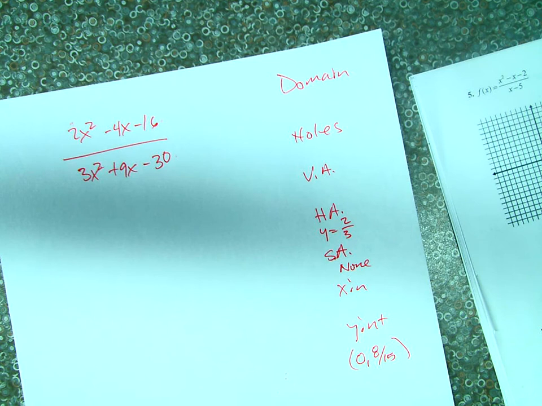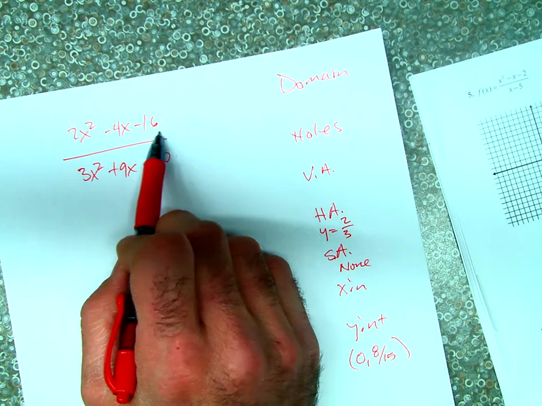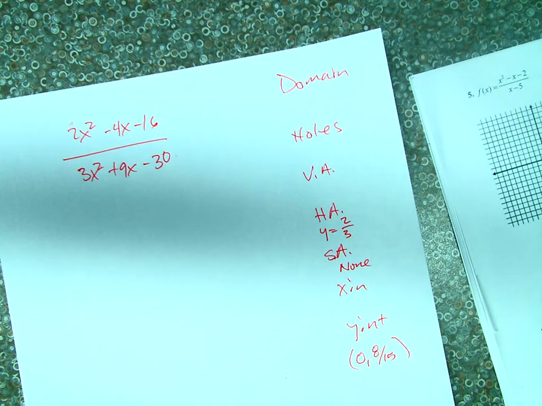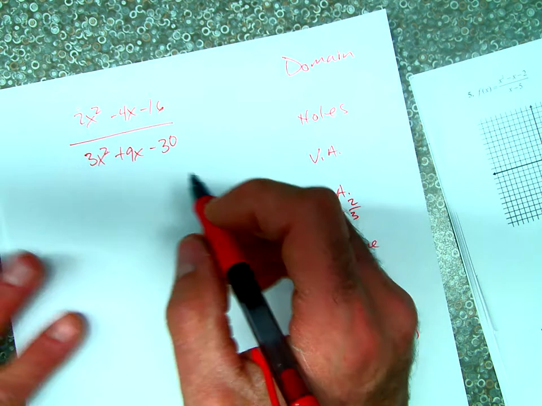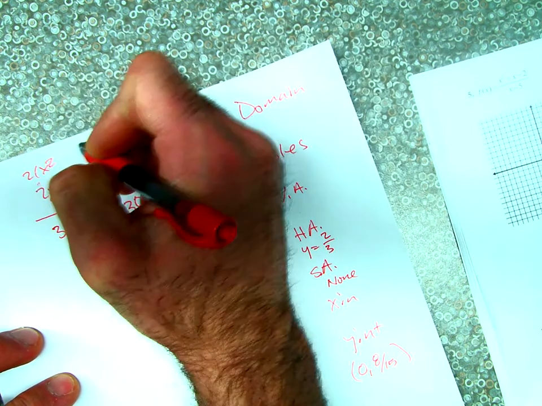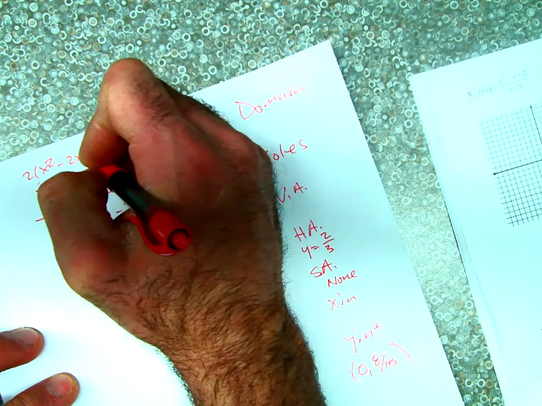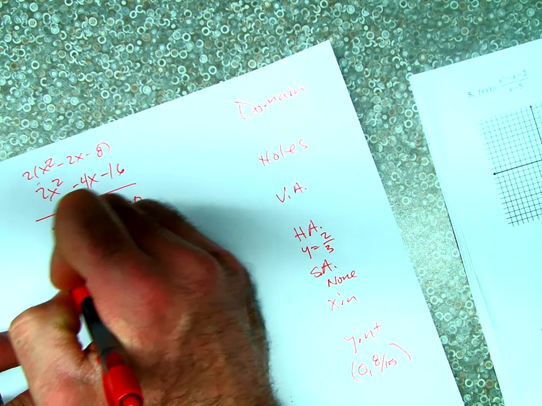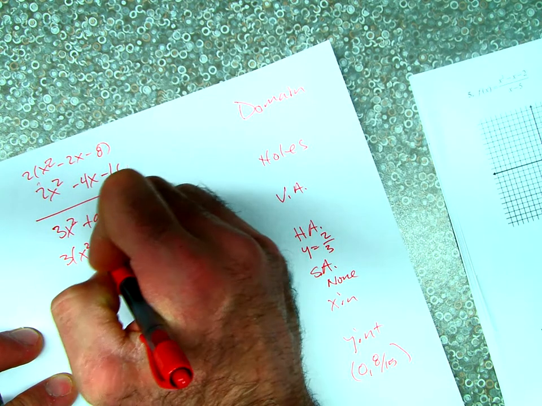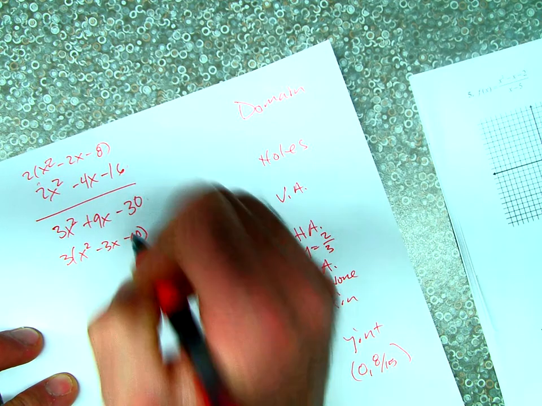Now we need to factor everything, but look how nice we are. You have GCF everywhere. If you don't start with the GCF, it makes your world way harder. If you start with the GCF, instead of doing X games with 32, we're doing X games with 8. That's way easier. 2x squared minus 2x minus 8. 3x squared minus 3x minus 10.